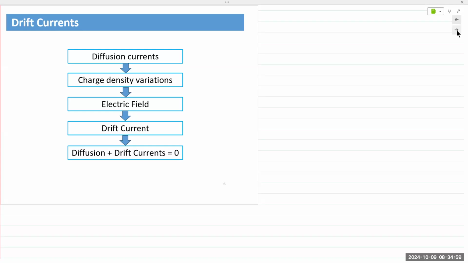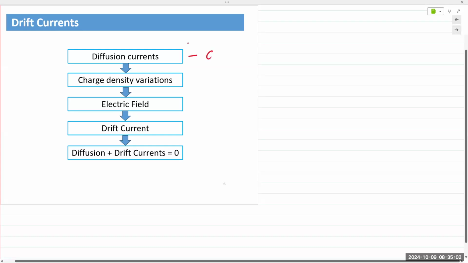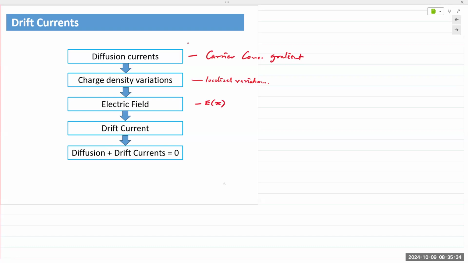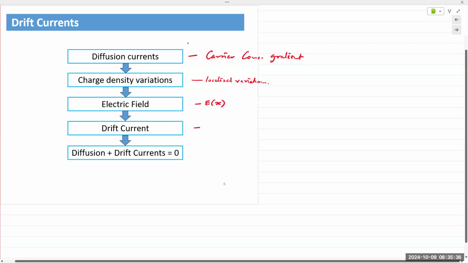So we have diffusion currents due to the carrier concentration gradient. That gives rise to localized variations in the charge density. These localized variations give rise to the electric field. And that electric field acting on the charge carriers will result in a drift current.